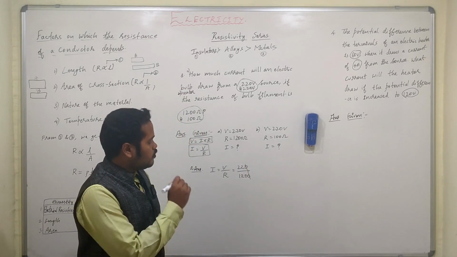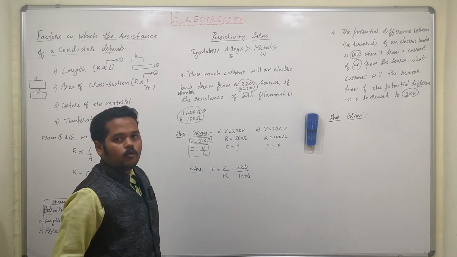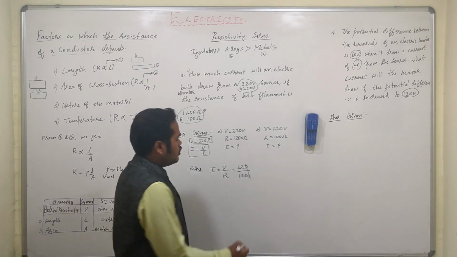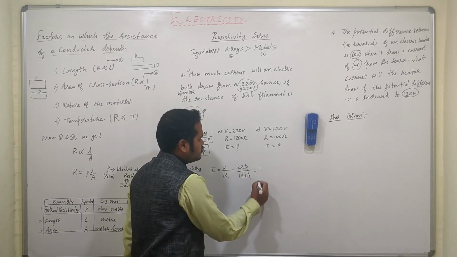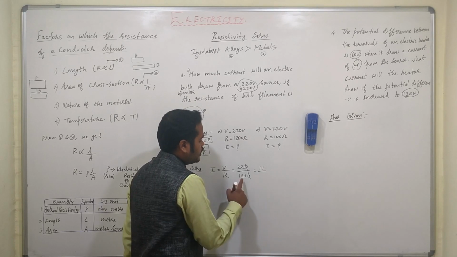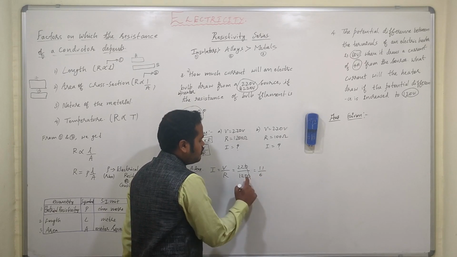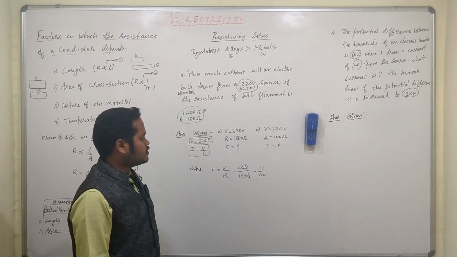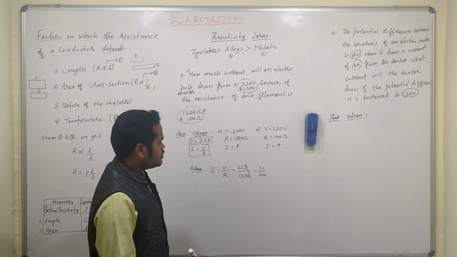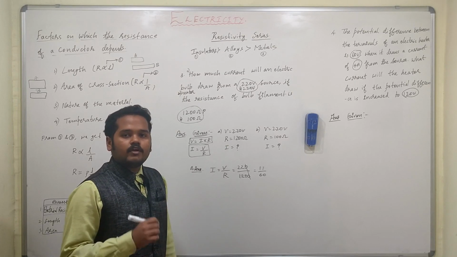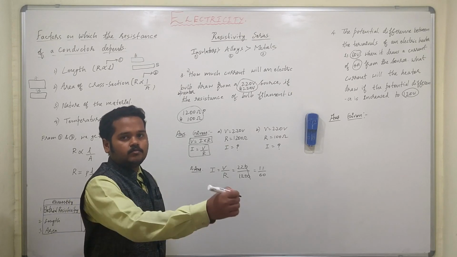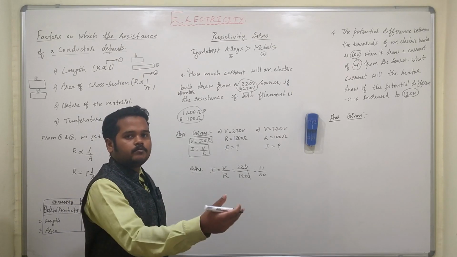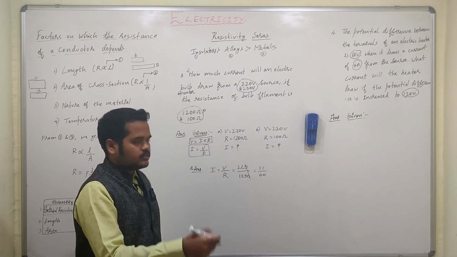By which number will both 22 and 120 go? By 2. 2 1s are 2, 2 1s are divided by 12, 2 6s are 12. Keep a 0 as it is. So now we have to divide 11 by 60. While dividing, we have to divide up to 3 decimals. Take 3 decimals and round it off to 2 decimals.